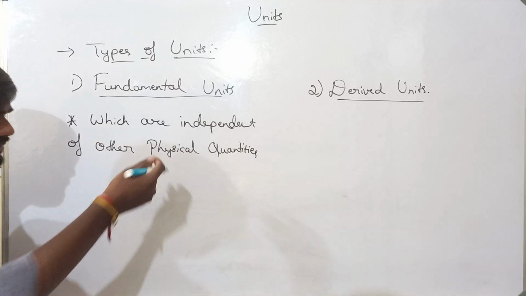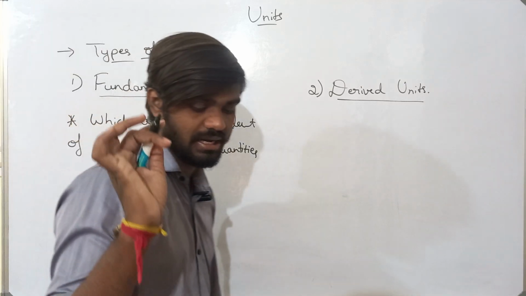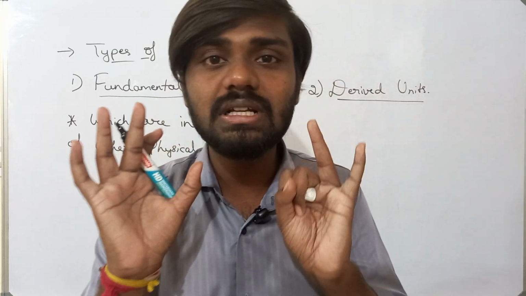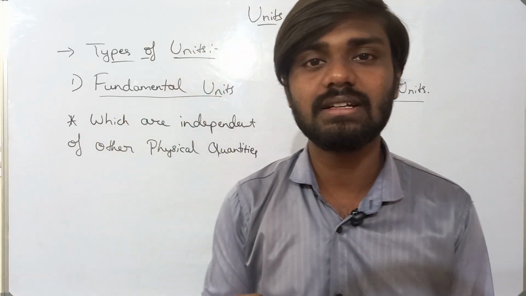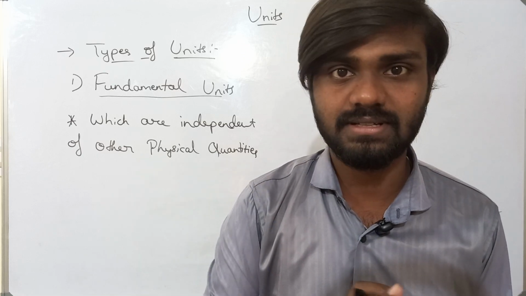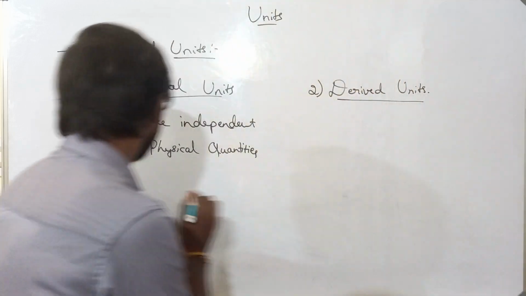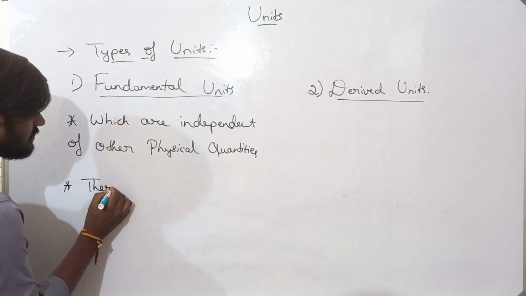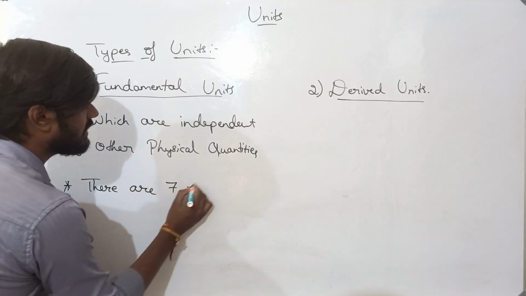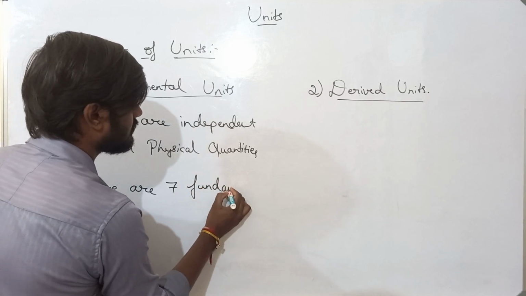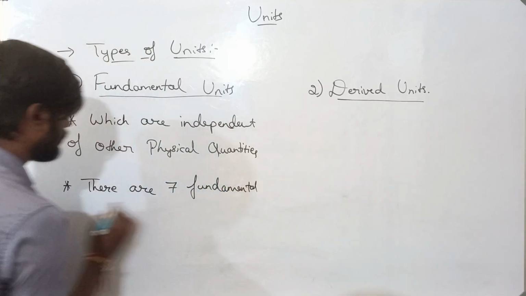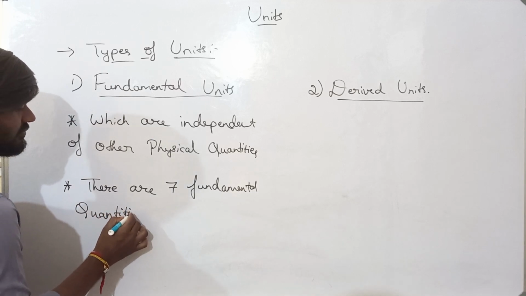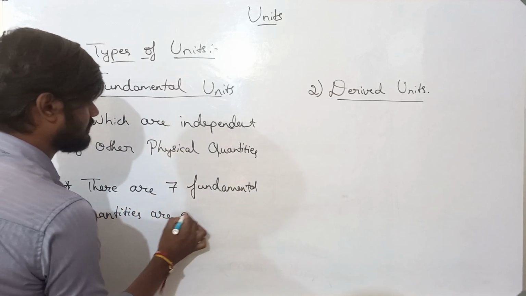These are independent of other physical quantities. Okay. So, what are those? There are total 7 fundamental quantities, fundamental units present in our nature. So, in total, how many fundamental units are present? There are 7 fundamental quantities present.